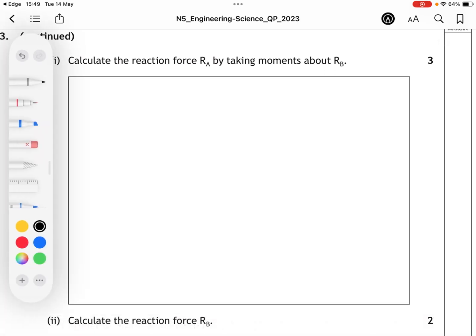And so what I'm going to do is redraw this so that I've got it on this page here. I've got a beam with RA and RB. I've got a 32 kilonewton force here and an 82 kilonewton force here.